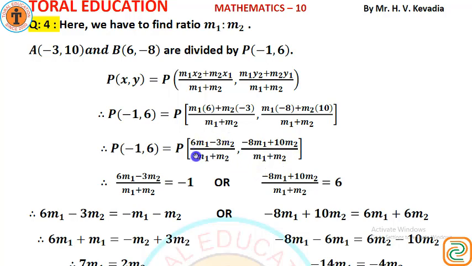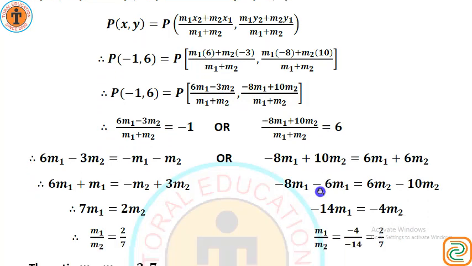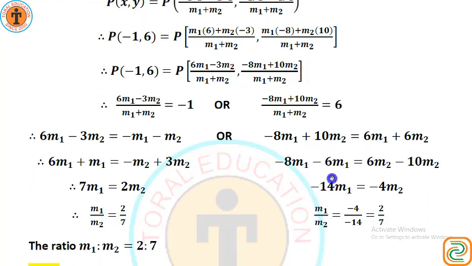Now take these as 1. So 6m1 minus 3m2 upon m1 plus m2 is equal to minus 1. And take this as 6. Minus 8m1 plus 10m2 upon m1 plus m2 equals 6. Now look, in both the cases you will get the same answer.